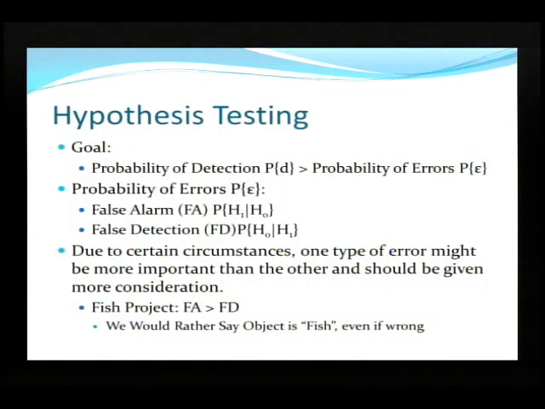In our case, we would prefer to have a false alarm than a false detection. That just means that we'd rather say that something is a fish and then later on try to extract it using classification, and then if classification can't classify anything, throw the image out, than to not detect a fish at all.